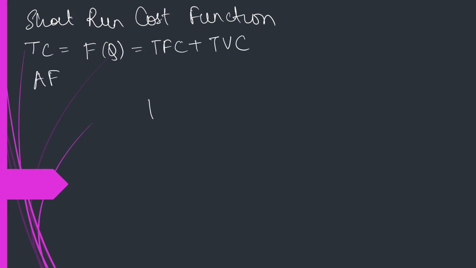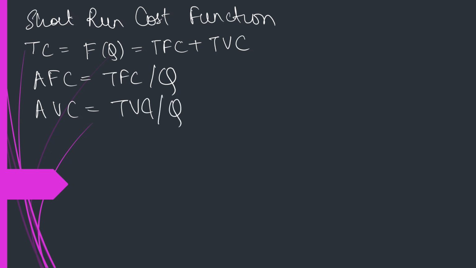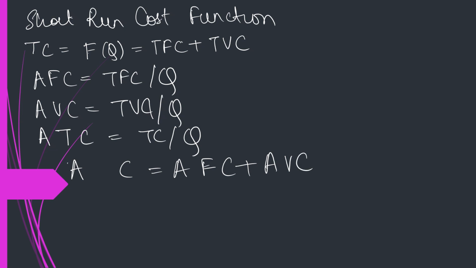Average fixed cost is equal to total fixed cost upon Q. Your average variable cost will be your total variable cost upon Q. Your average total cost will be total cost upon Q. Your average total cost can also be written as average fixed cost plus average variable cost.